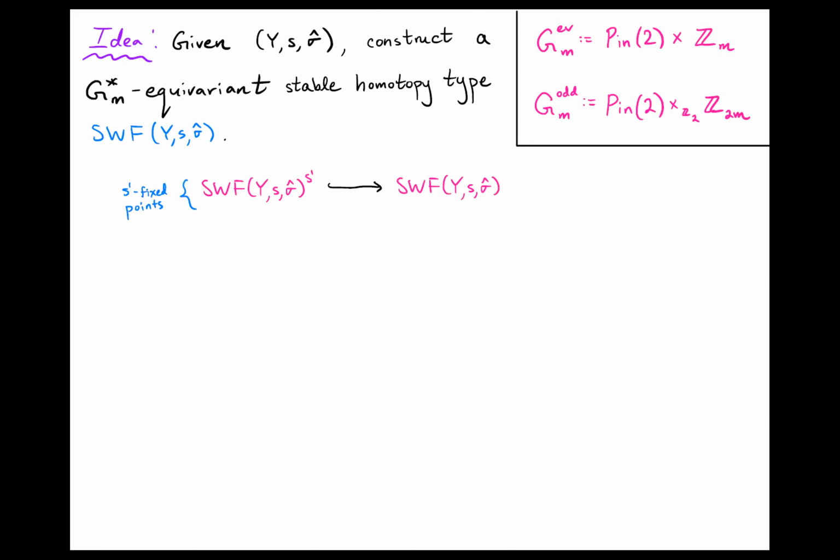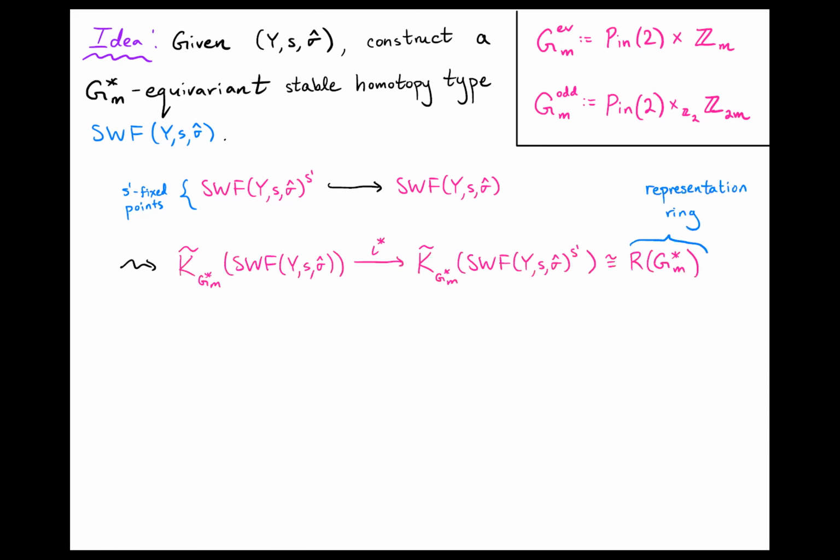We abstractly have this equivariant spectrum. What we can do is look at the set of S1 fixed points of the spectrum, and look at the inclusion map of the S1 fixed points into the full spectrum. We're just going to whack it with G star M equivariant complex K theory, and this gives you a map going backwards.